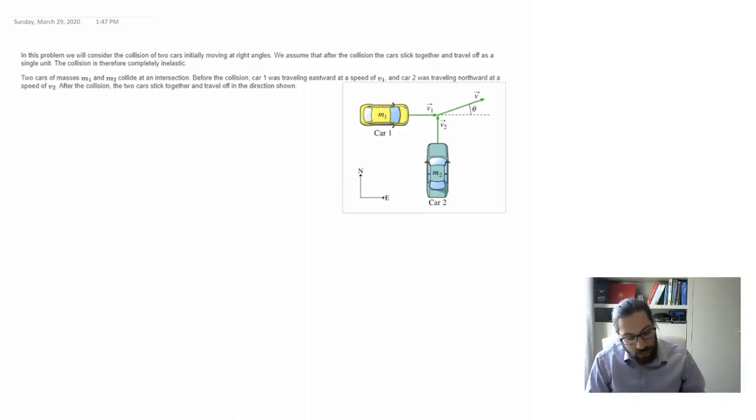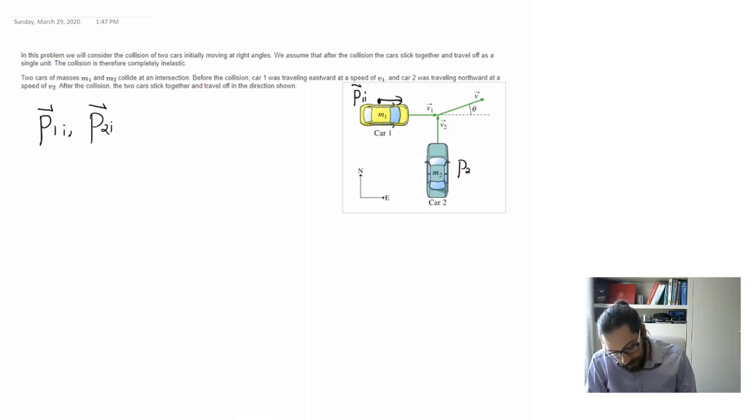In other words, the trick with perfectly inelastic collisions for 2 objects is I know generally P1 initial and P2 initial. Okay, so this has some P1 initial, and this is some P2 initial, right? We know that the final momentum is the sum of the initial momenta.